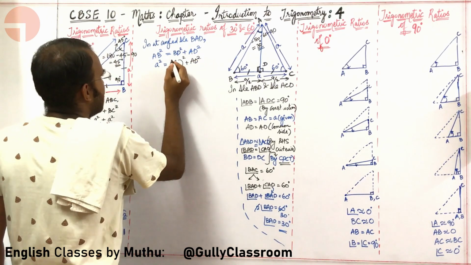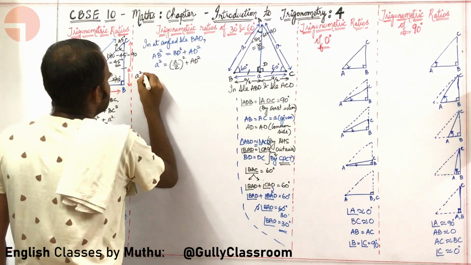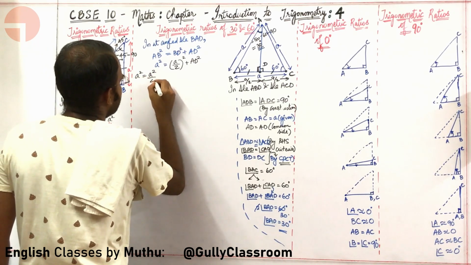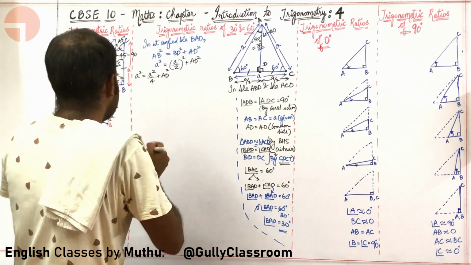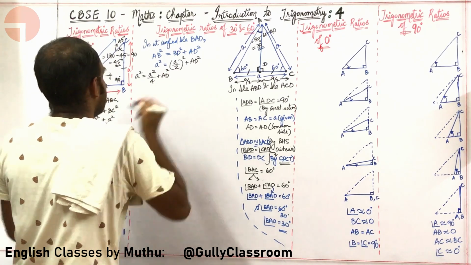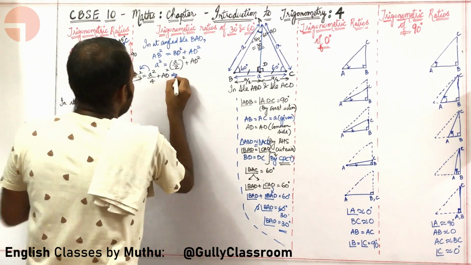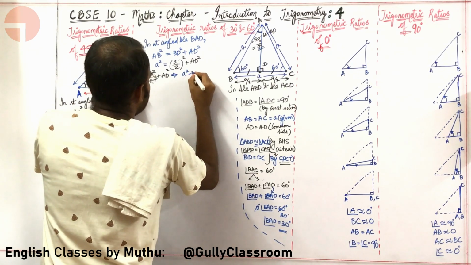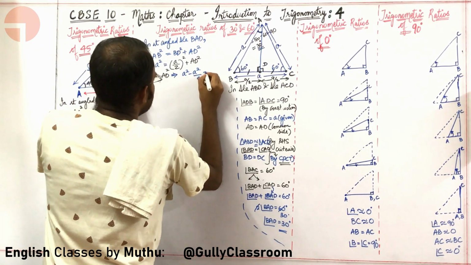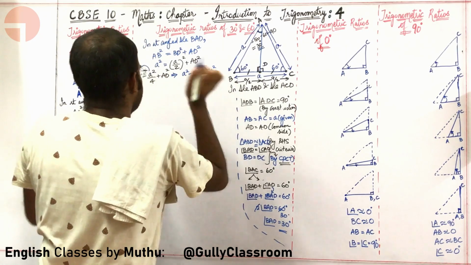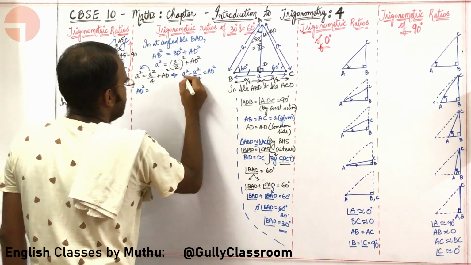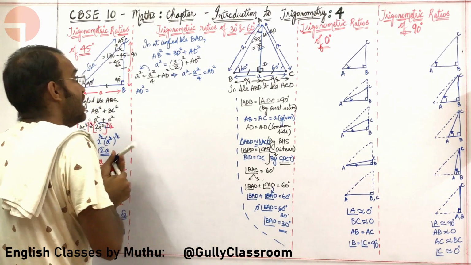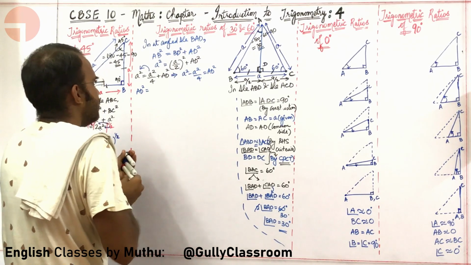What next? I am going to square this. A square is equal to A square by 4 plus AD square. Sir, I am going to bring A square by 4 towards this side. So A square minus A square by 4 is equal to AD square. Let us take LCM over here.